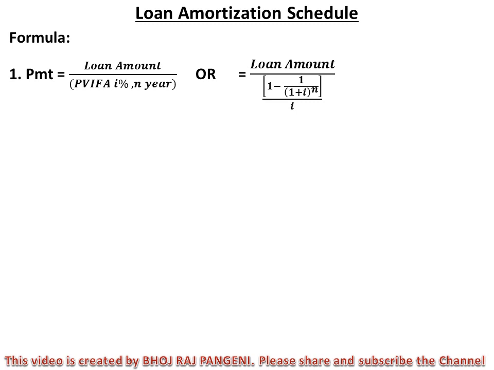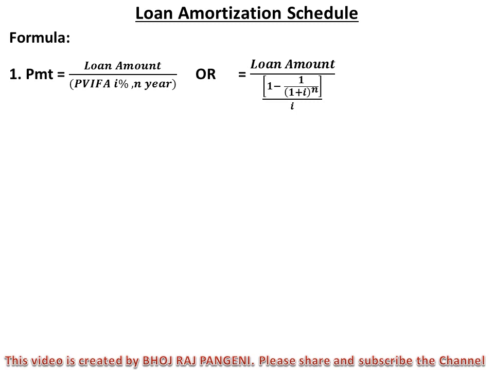Or with another formula, you can directly compute the PMT without a financial table. If you don't have a financial table, use loan amount divided by [1 minus 1 upon (1 plus i) to the power n] whole upon i. You can easily compute it from this formula.